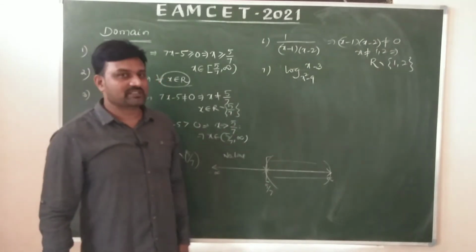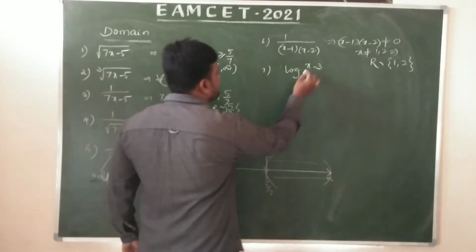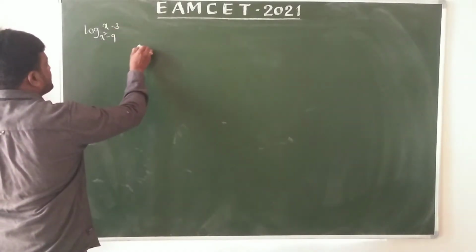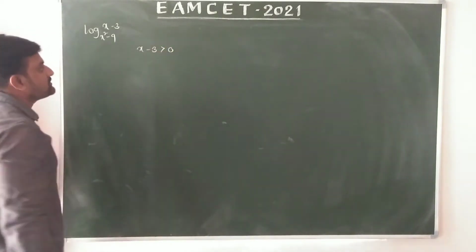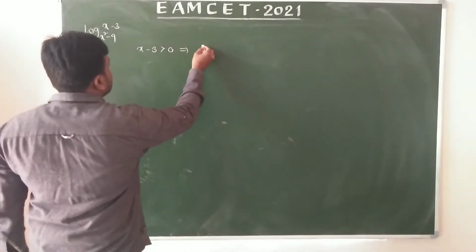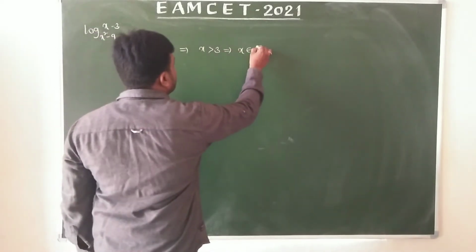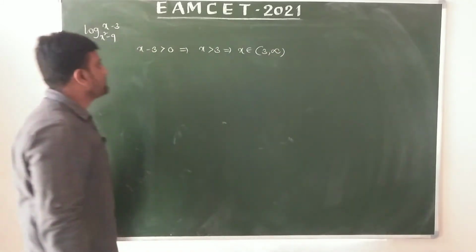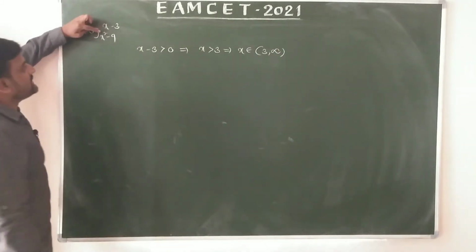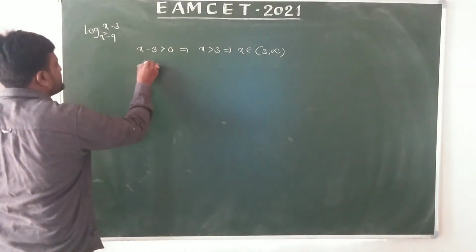Okay, let us go with the log function. Now here, for the log function, first x minus 3 should be greater than 0. Yes or no? Then x greater than 3, so x belongs to open interval 3 comma infinity. Okay, now x minus 3 is already included here, so no need to take it separately.